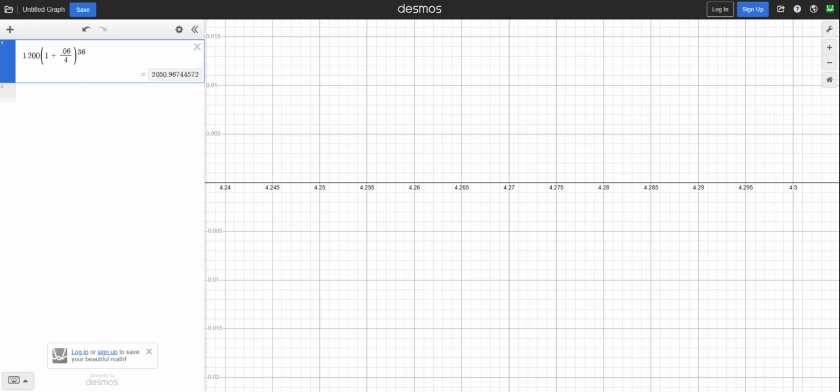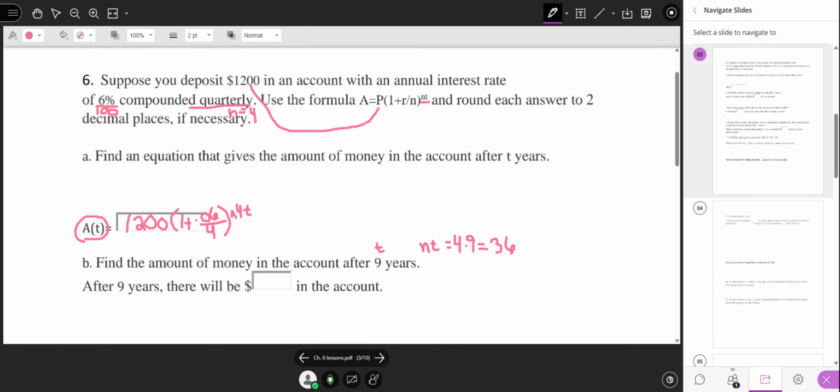So that is 97 cents. So $2,050 and 97 cents.